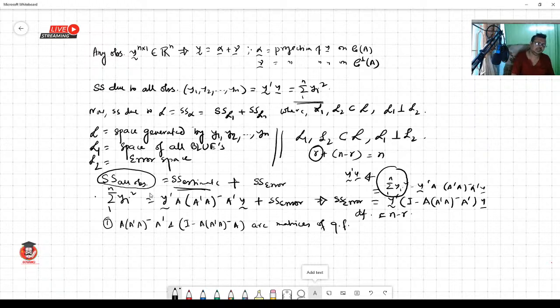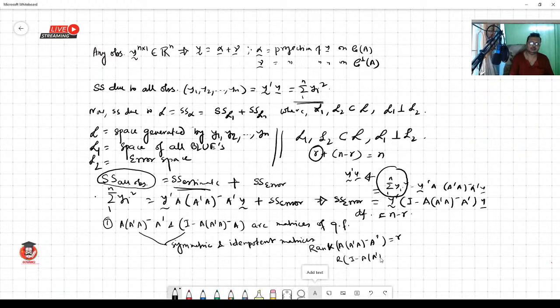Moreover, you check that both are symmetric idempotent matrices, and the rank of A G inverse A prime equals r, and the rank of I minus A G inverse A prime equals n minus r. Please check this, these are your homework.